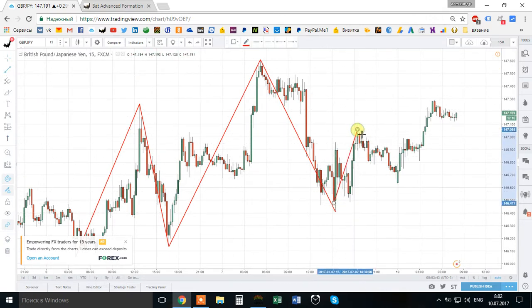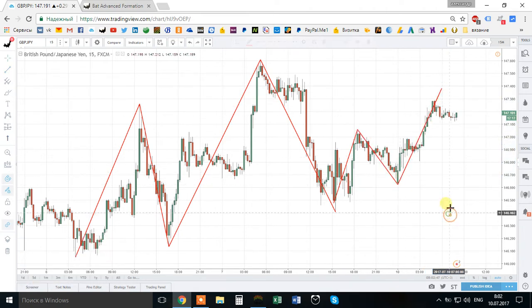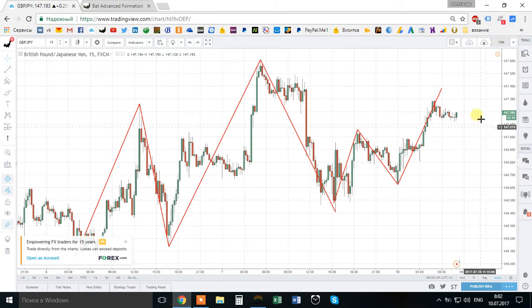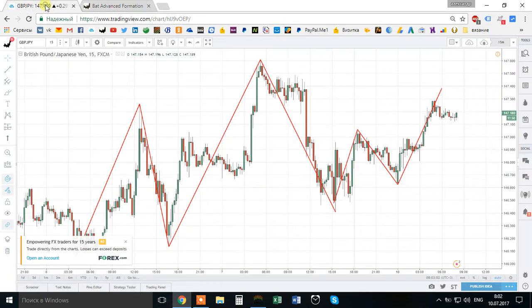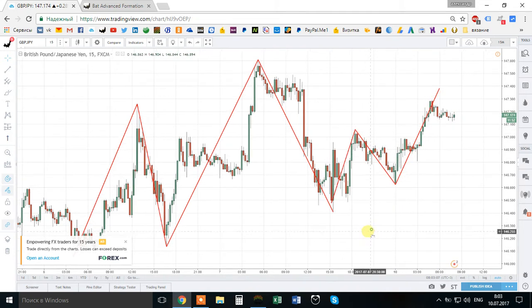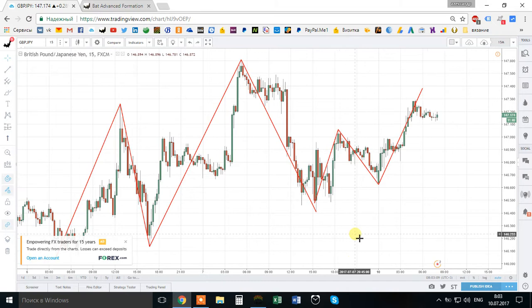Continue, this, and then you should look at the structure of those lines that you have drawn, and if it looks similar to letter M or to letter W, like this, then you have a potential pattern. Like in this case, it looks similar to letter W. In this case, we have a potential bearish pattern. We are going to sell.